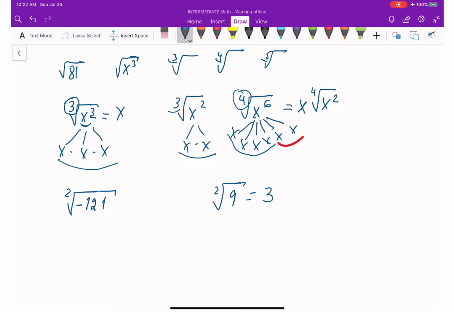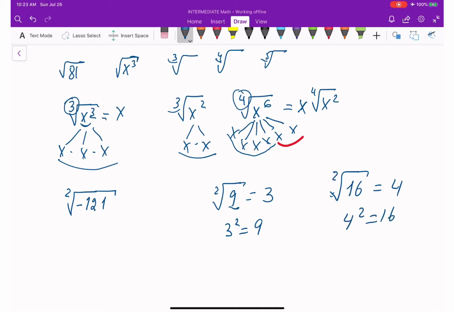So that will be 3 squared, correct? Now, let me give you another example. If I put square root of 16, it's going to be equal 4, right? Because 3 to power 2 is equal 9, so this is this 9. So I get 4, because 4 to power this 2, I get 16.